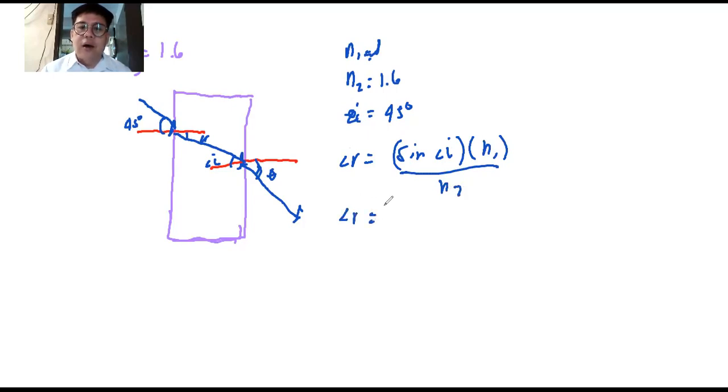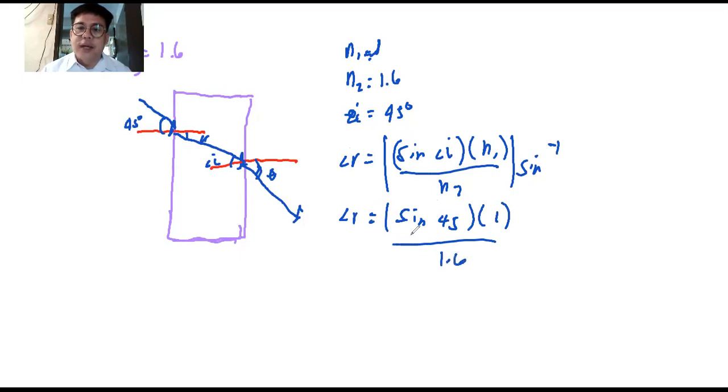So your angle r will be equal to sine 45 multiplied by 1 divided by 1.6, shift, sine inverse.